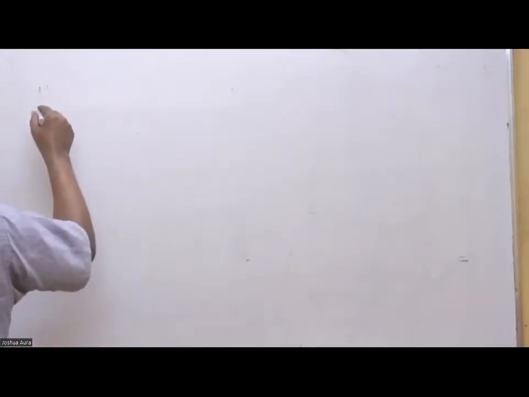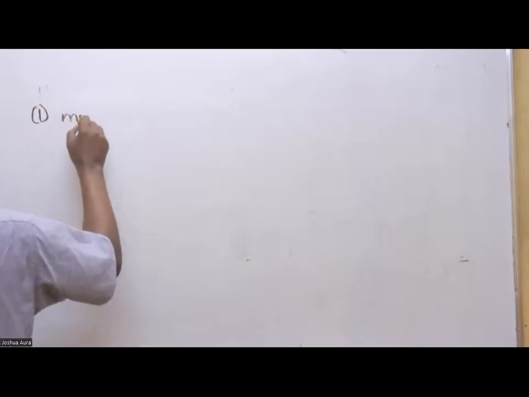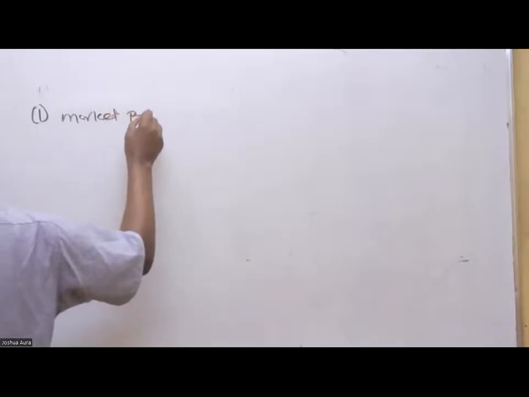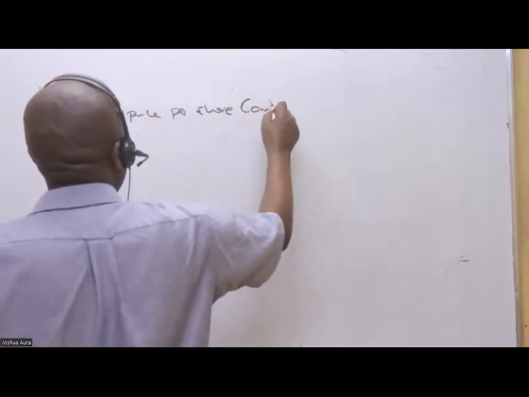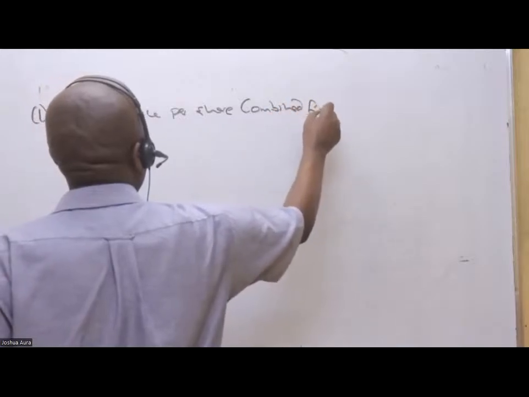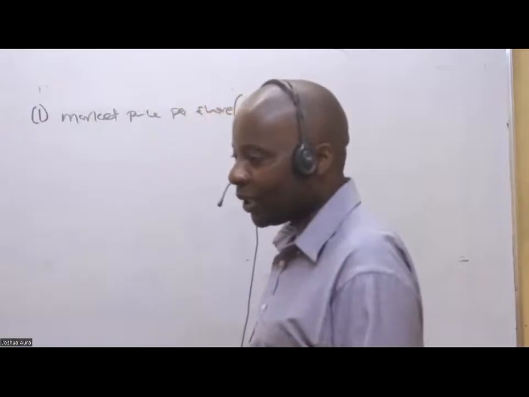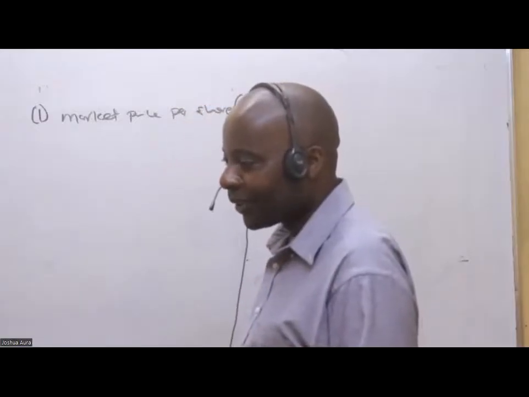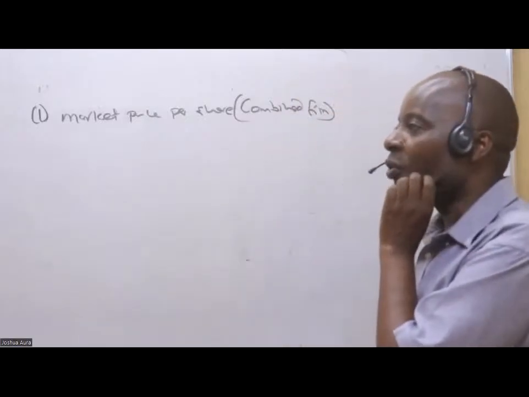Great. So Roman 1. They want us to give them market price per share of the combined firm. It's theoretical normally. So then how do we get this?